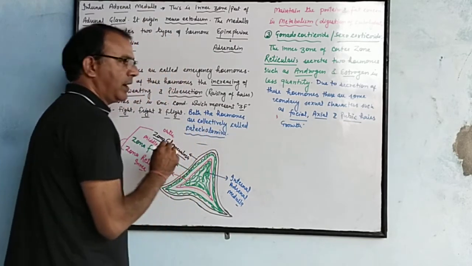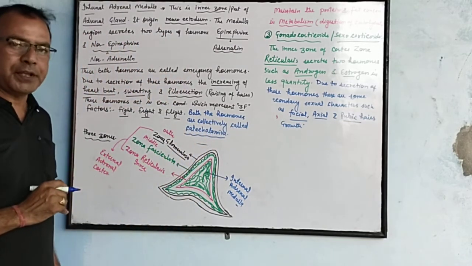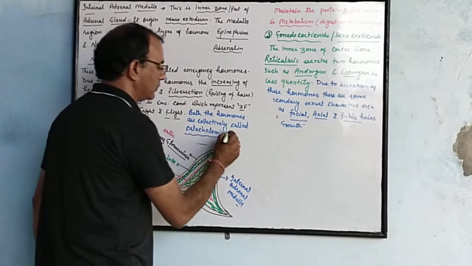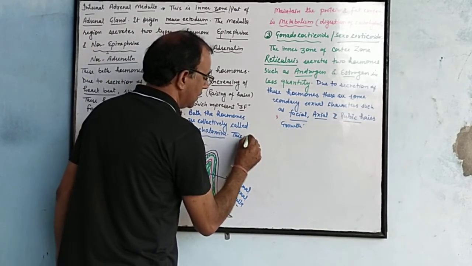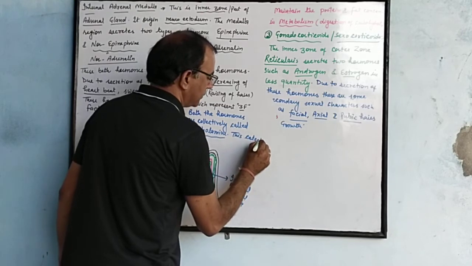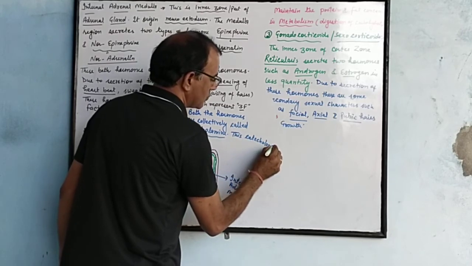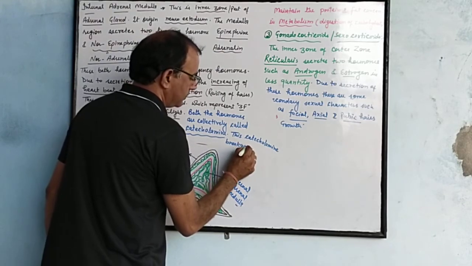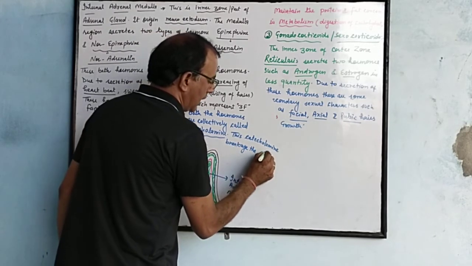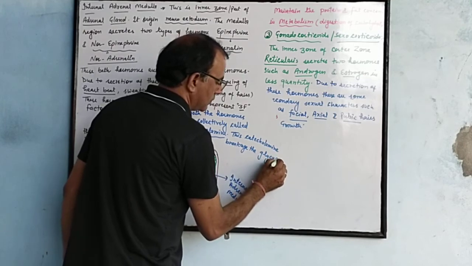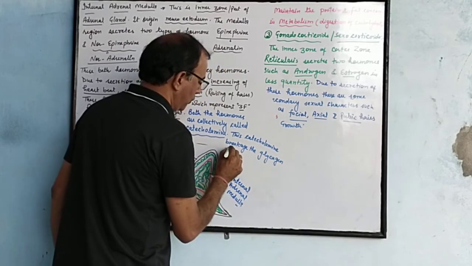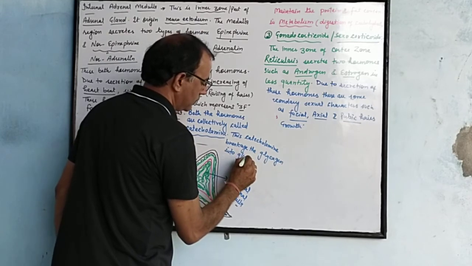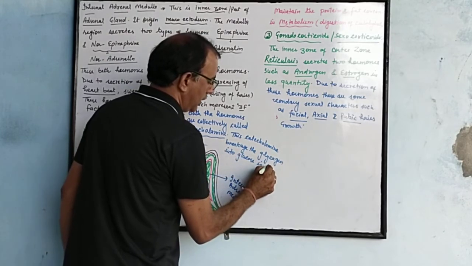This catecholamine helps in breaking the glycogen into glucose in blood.